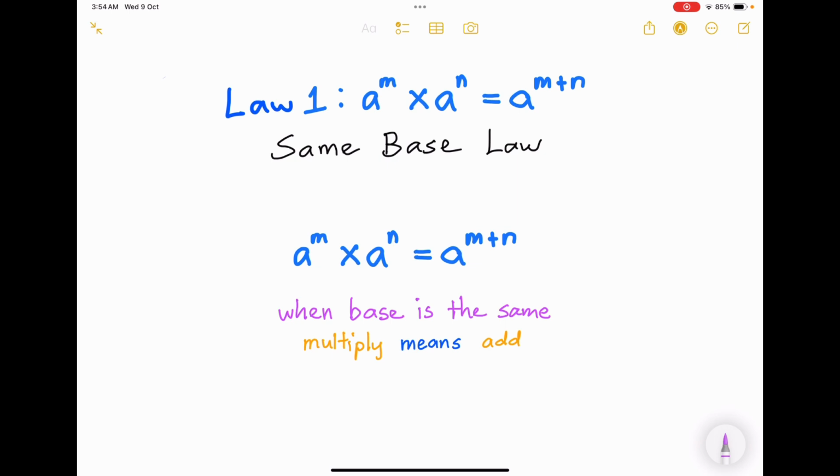Remember this, the same base law. When base is the same, multiply means add.